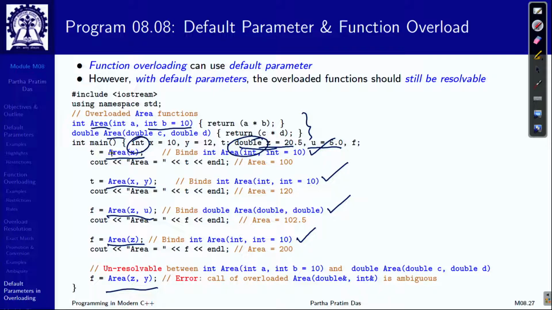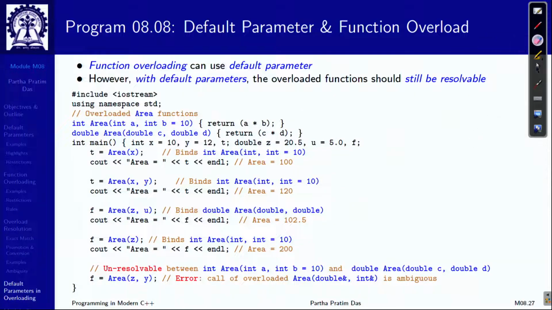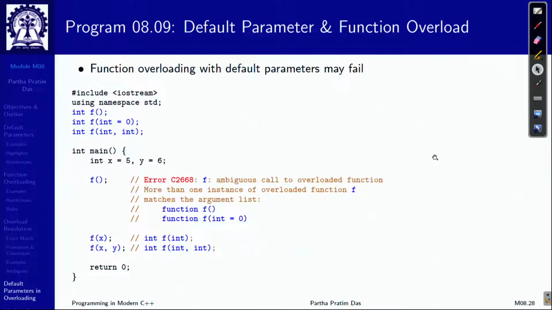If you take the second, the first parameter is an exact match, second parameter needs a conversion. So, the weightage of these two are same to the compiler. So, the compiler will again get confused and say that I cannot resolve, and we cannot have this area Z y, this invocation is unresolvable as an overloaded function.